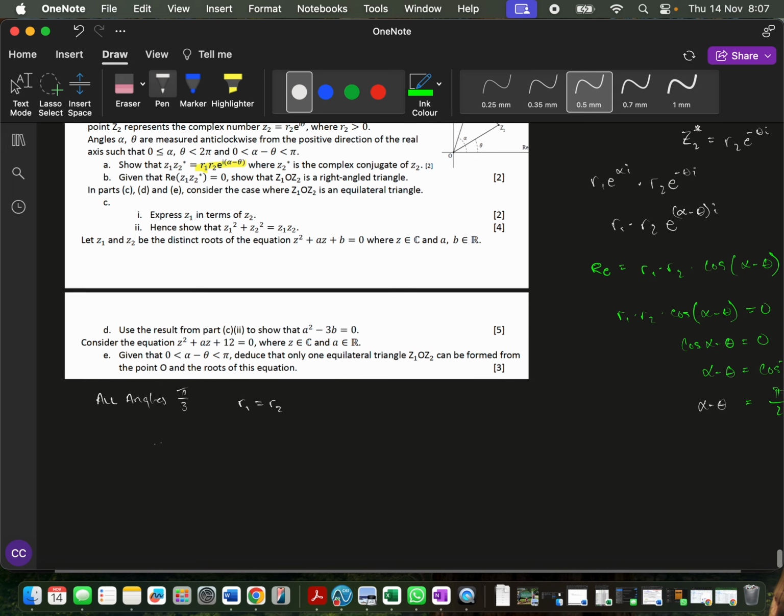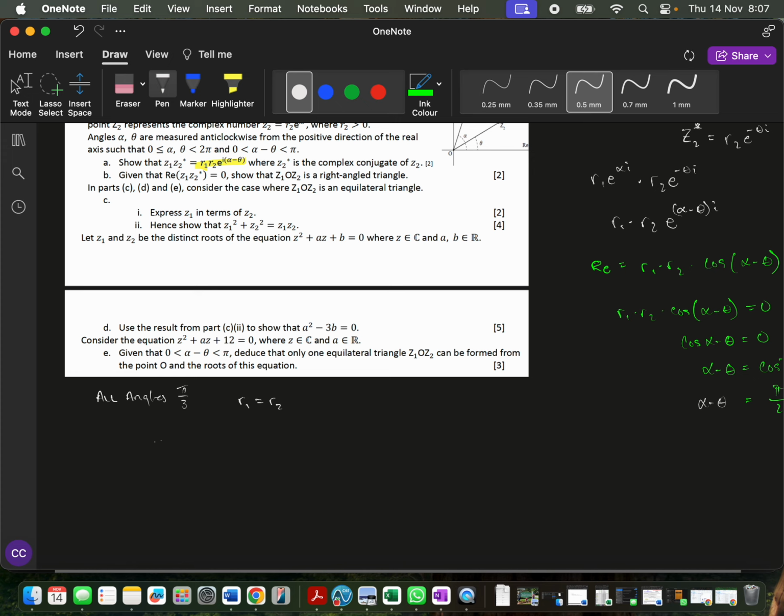We got that. So if I want to write r1e^(alpha i), I want to write it in terms of r2e^(theta i). So we have to write it in those terms.